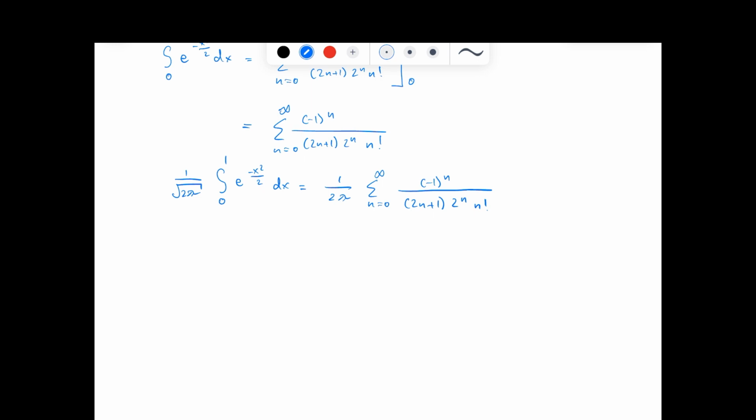And plugging this into a calculator, we get an approximate value of 0.3413.